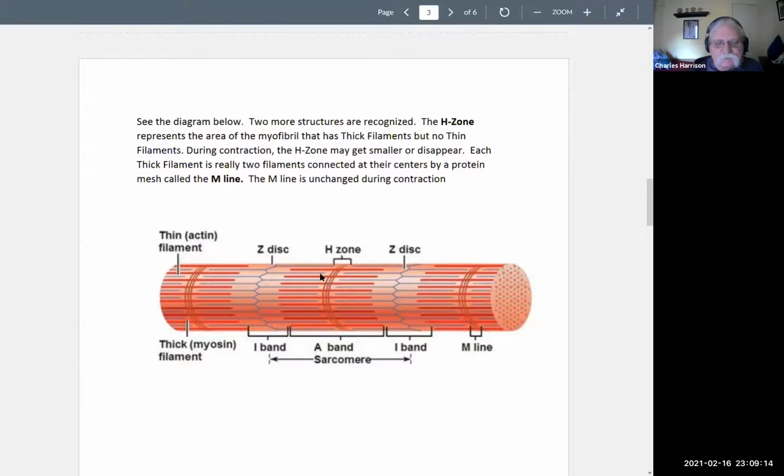Why? Because the thin filaments are moving in and just almost touching. Something's got to get smaller. In contraction, nothing gets larger. So when you're looking at I band, A band, and H zone, the A band stays the same. The I band gets smaller and the H zone gets smaller as well.